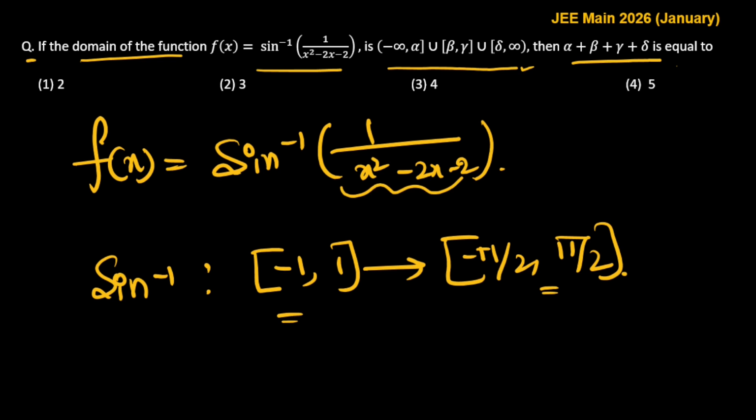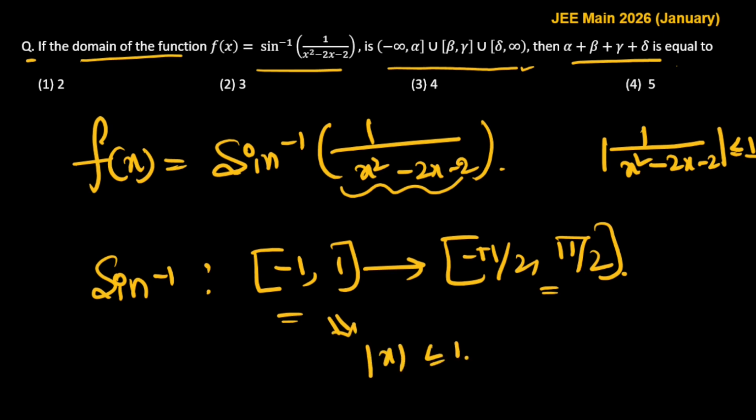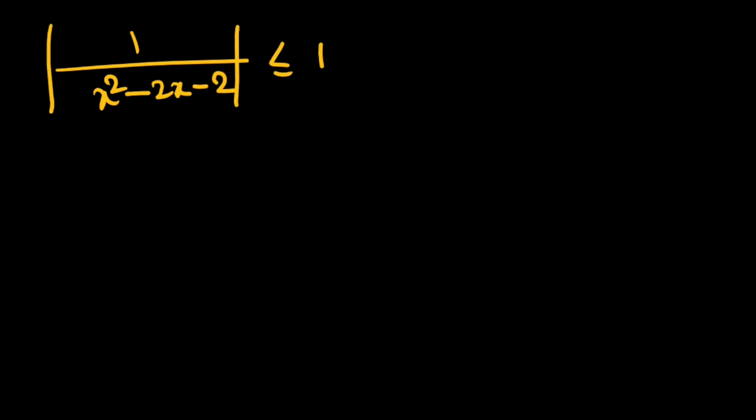That means the modulus of 1 over x square minus 2x minus 2 is less than or equal to 1. Since some number lies between minus 1 to 1, that means this modulus is less than or equal to 1. So we write it clearly: the modulus of 1 over x square minus 2x minus 2 is less than or equal to 1.